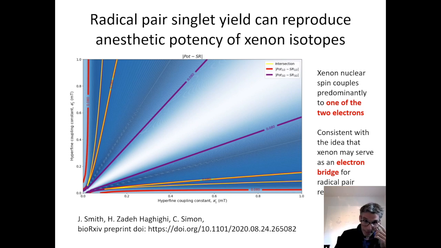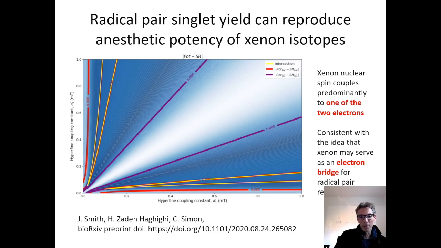And what one sees here is that in the regions, so this is plotted for the two hyperfine couplings that we have in our model, the couplings between the xenon nuclear spin and the two electron spins, if you are inside these yellow lines, then there's good agreement between the predictions and the experimental results.